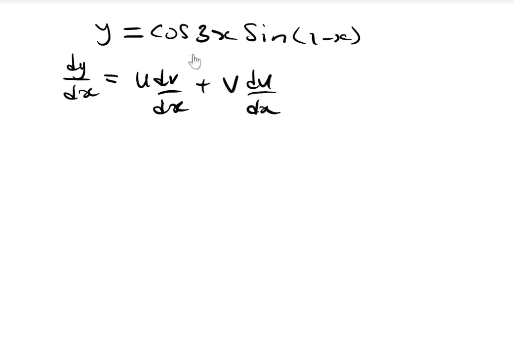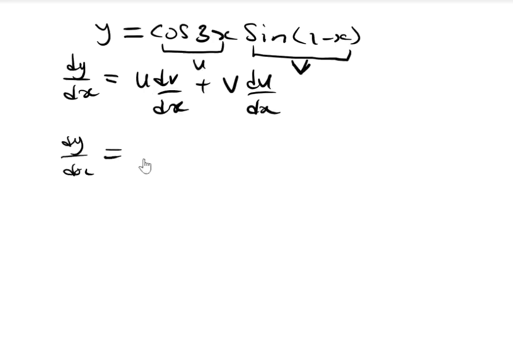We assumed u to be cos 3x, and we assumed v to be sine(1 minus x). We've already known what dv/dx and du/dx are. Therefore, to find our dy/dx, we substitute the equivalents.